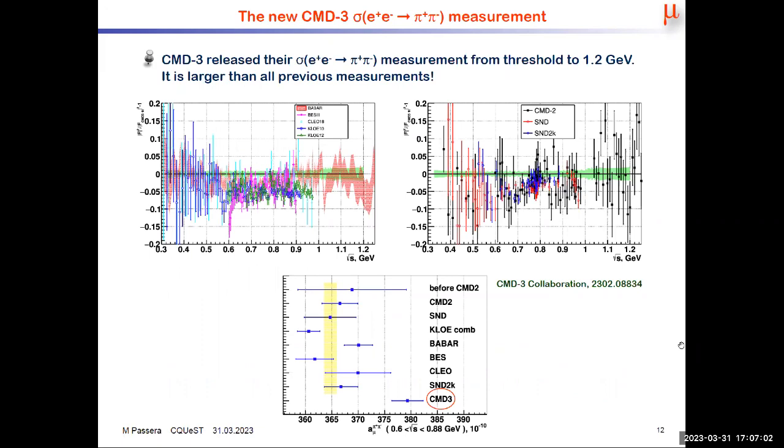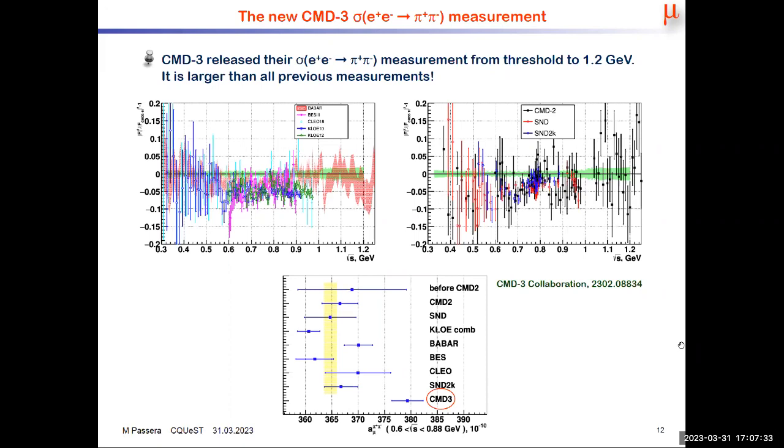The CMD3 collaboration in Novosibirsk very recently published a new result of their e+e- cross-section. And the great surprise is that this measurement, from the pi-pi threshold up to 1.2 GeV, is larger than all the previous measurements. And this is even more puzzling.